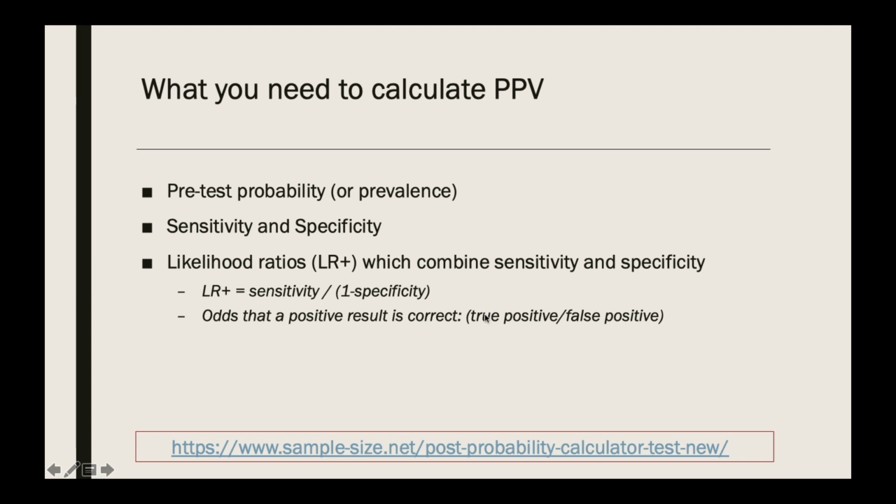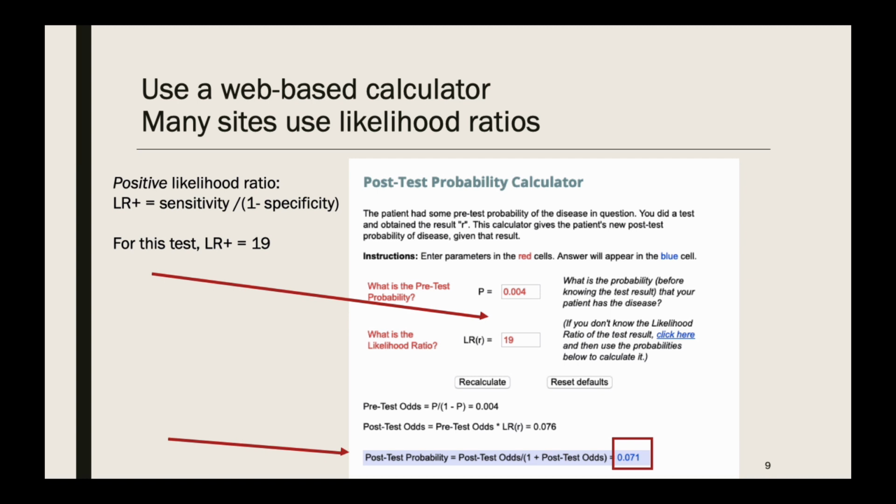Sensitivity is the true positive, how many people with the disease have a positive test, and 1 minus specificity is the false positive. Specificity gives us the percent of true negatives, but then we have a 5% chance, as we just saw, of a false positive. So the likelihood ratio is the more commonly used variable to calculate the post-test probability.